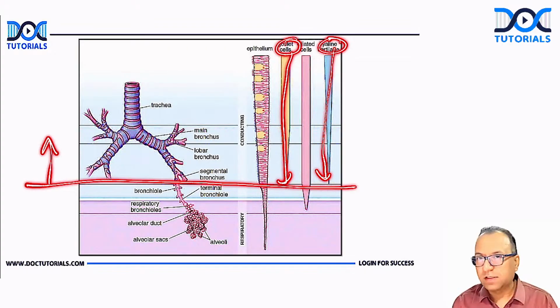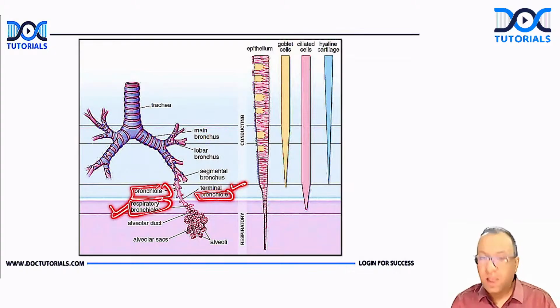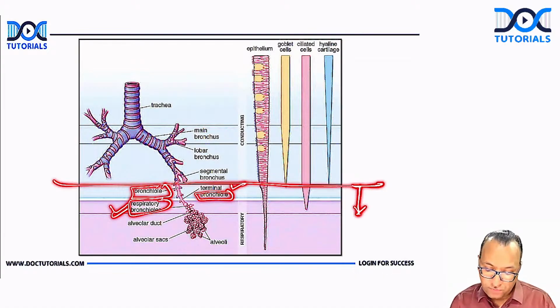That means if you're talking about terminal bronchiole or respiratory bronchiole, they should not have any hyaline cartilage or goblet cell. They may have some cilia, but no hyaline cartilage or goblet cell.